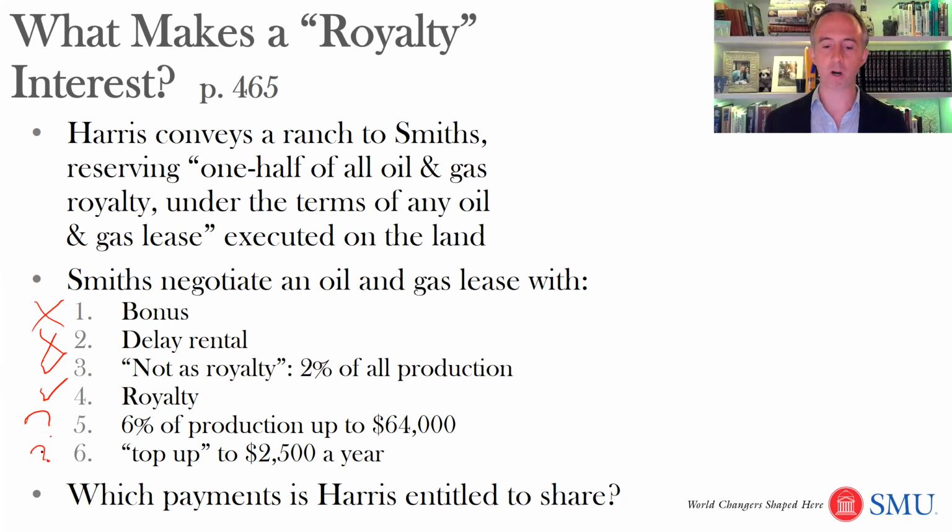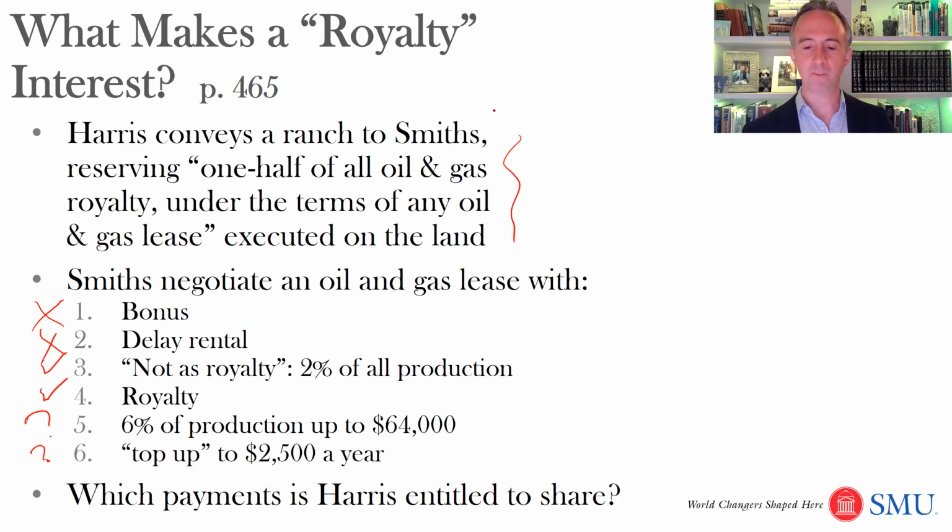But you can see different arguments in different states on some of these questions. So although this is a common non-participating royalty interest, you can see how it can create questions about whether certain things count as a royalty for purposes of this non-participating royalty interest.